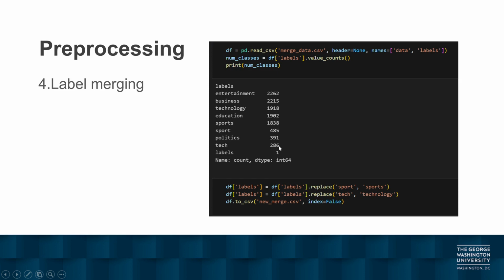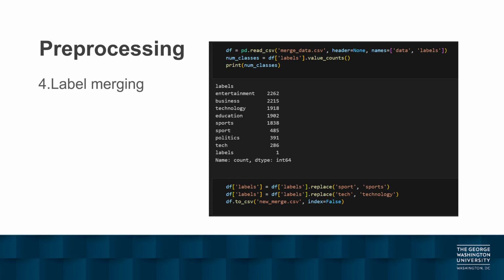And it is also found that the two different datasets share some content and share some labels, but the labels are similar but not the same.